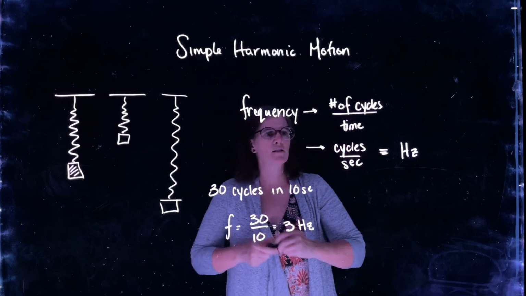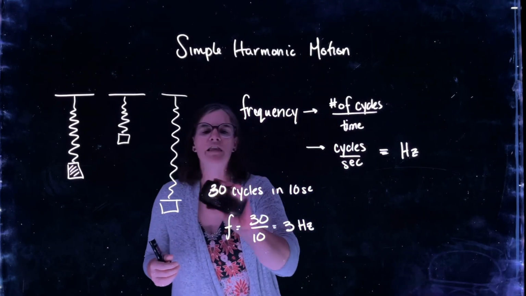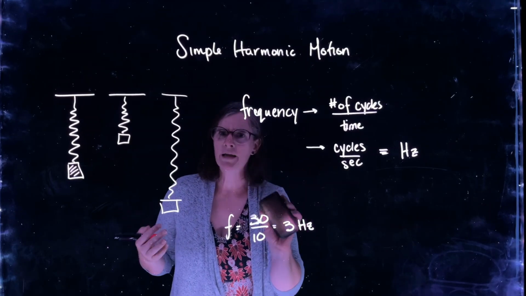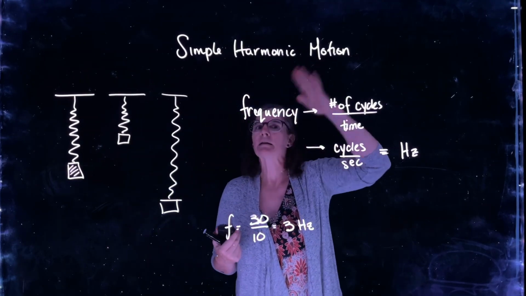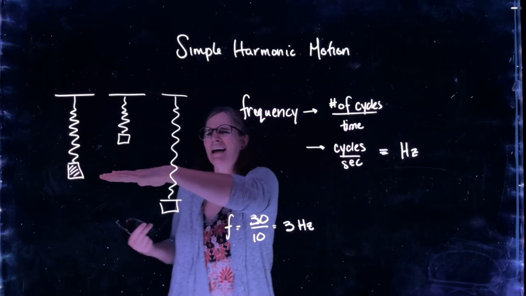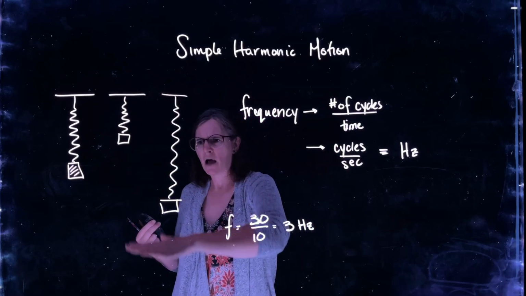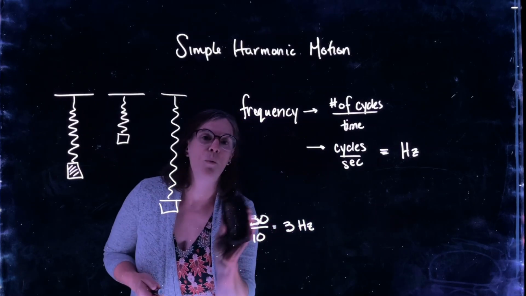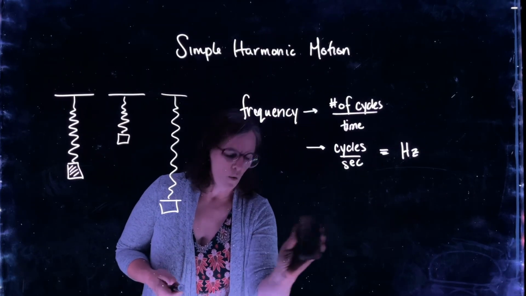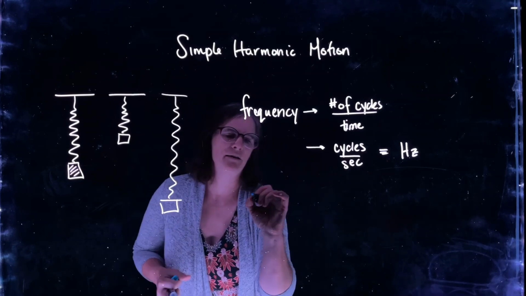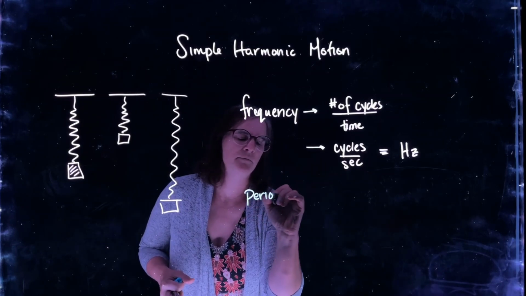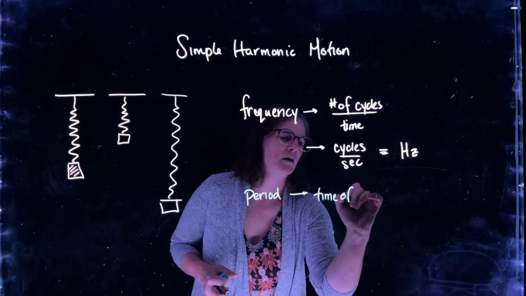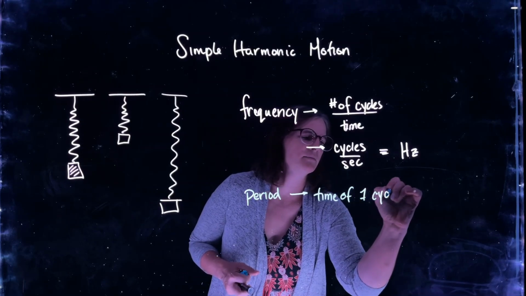We can also describe how long it takes for it to do a single cycle. So I can talk about cycles in a certain amount of time, or I could say, well, how long does it take to go up, down, and back up? What is the time it takes to complete one cycle? We call that the period. So the period is the time of one cycle.